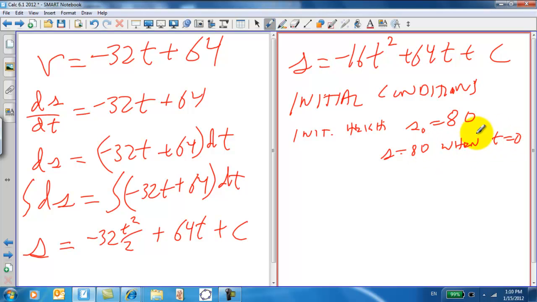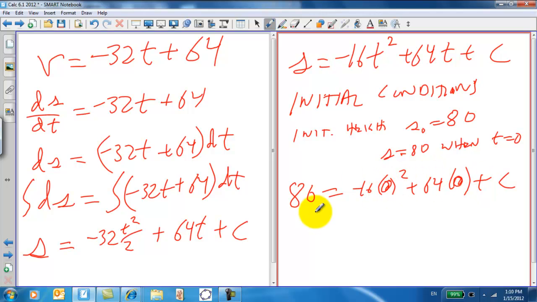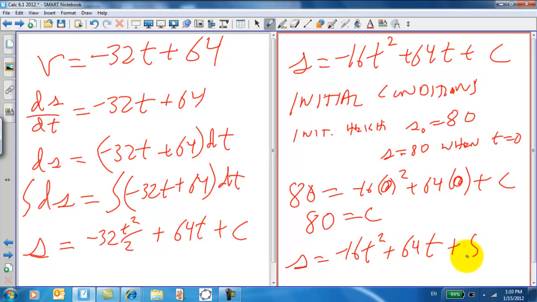That's why we often put the little subscript 0 there. So we can put 80 in for s and 0 in for t. That's why it's nice if the initial conditions involve a 0, with much less arithmetic, because these fall out and you get 80 equals c. And so now you have the particular solution, s equals negative 16t squared plus 64t plus 80.